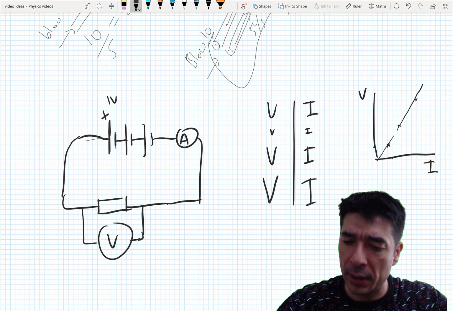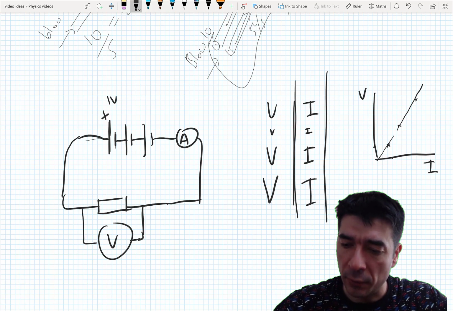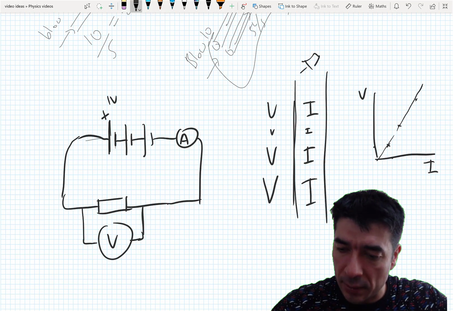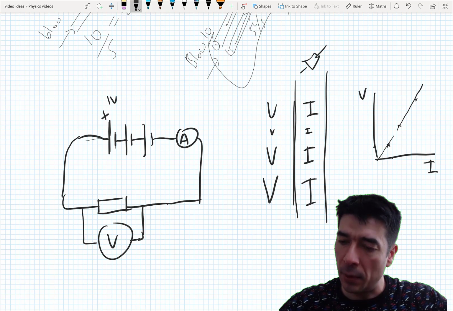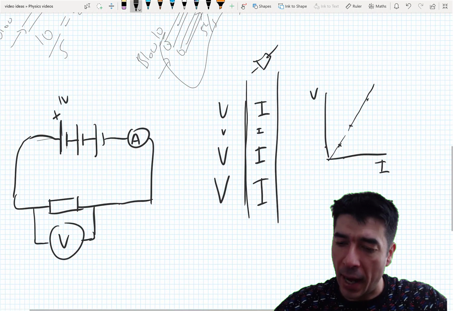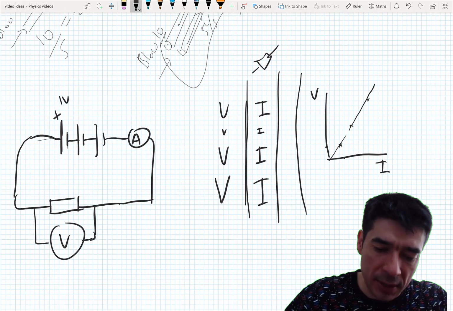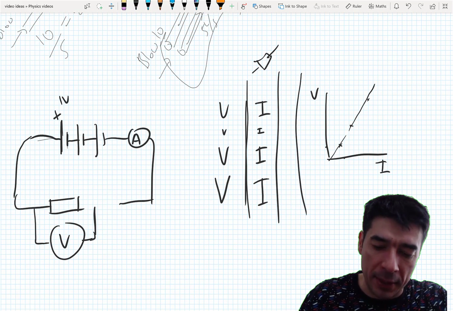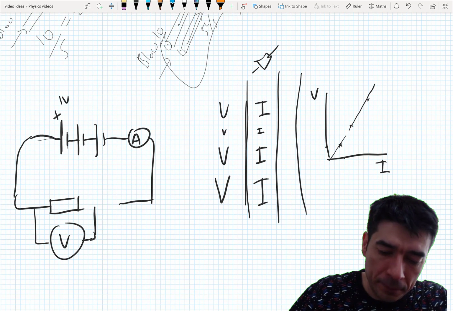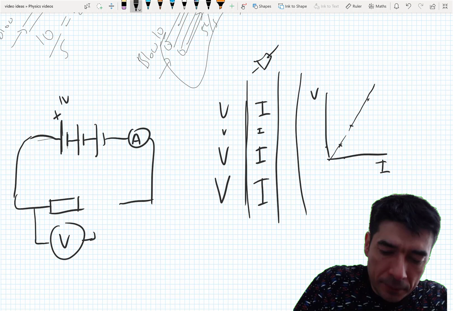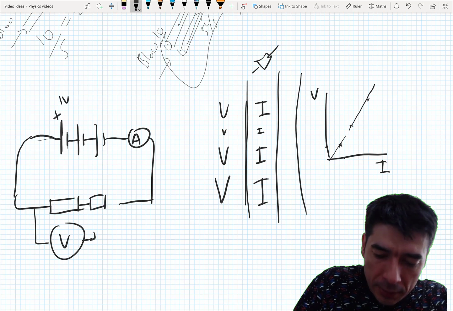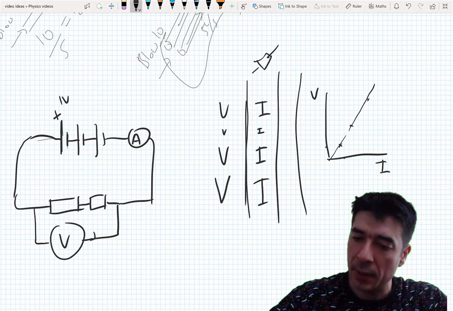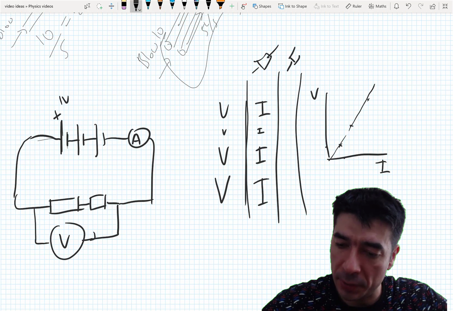So these were my current values for just 1 resistance, right? And what I'm going to do is I'm going to double up. I'm going to get 2 resistors now and do the experiment again. Okay, so 2 resistors this time. So I'm going to be recording values for 2 resistors.